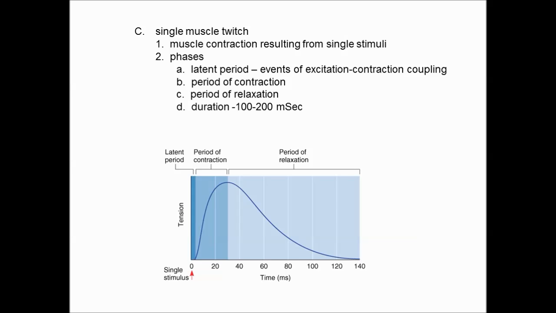Then comes the period of contraction, when more and more force is being produced, and then the period of relaxation, which goes back to the resting period when the muscle is regaining its length or not lifting as much weight, and so forth. So it's called the period of relaxation. The duration of the single twitch varies tremendously between different types of muscles, be they skeletal or smooth and so forth.